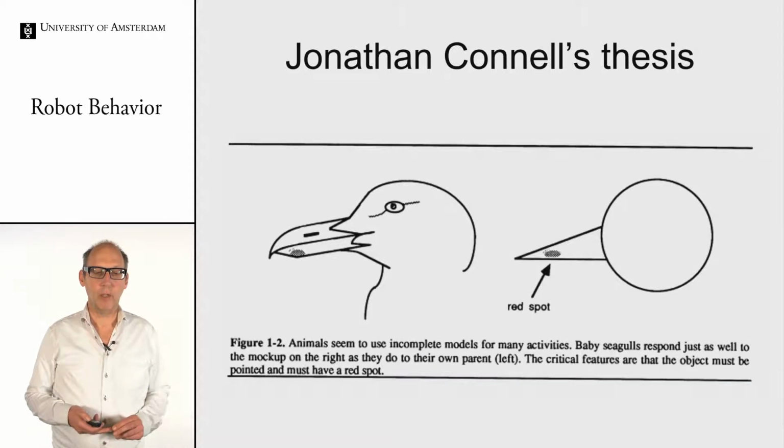So what's seen here is that red is one point, but it also has to be a pointed object, and once it's dangling above the small birds, then they show this sort of behavior.